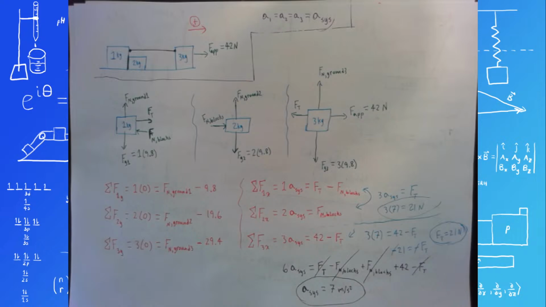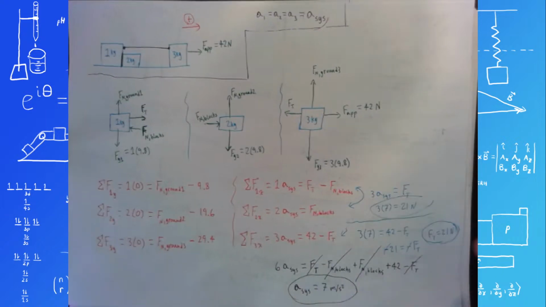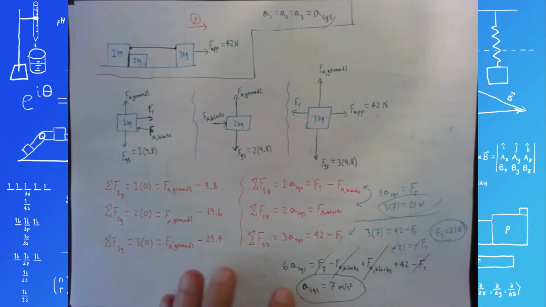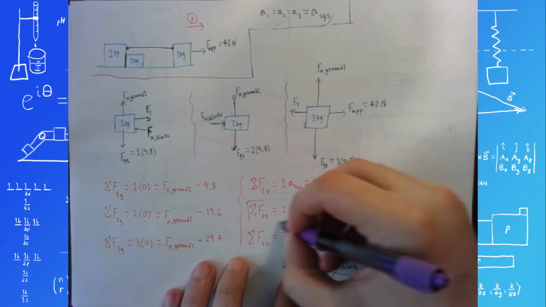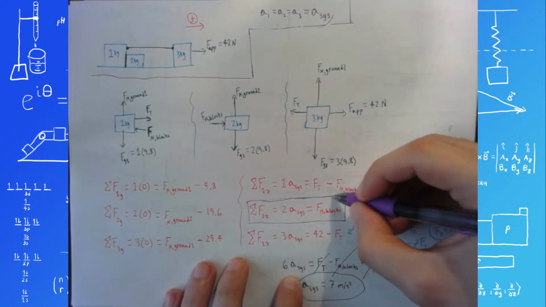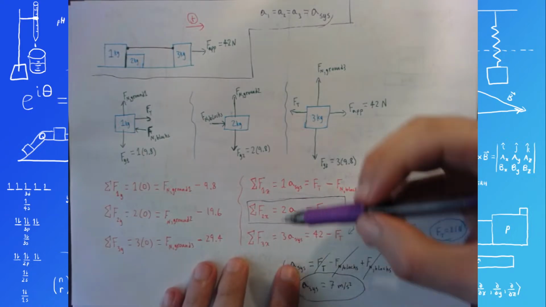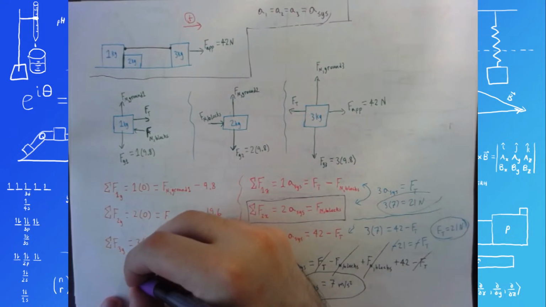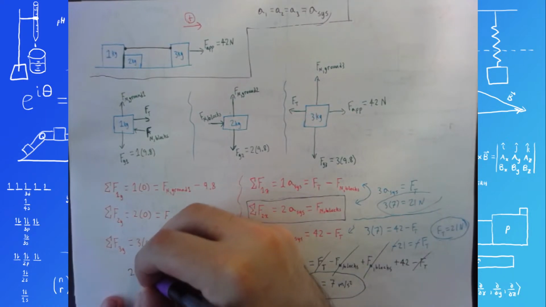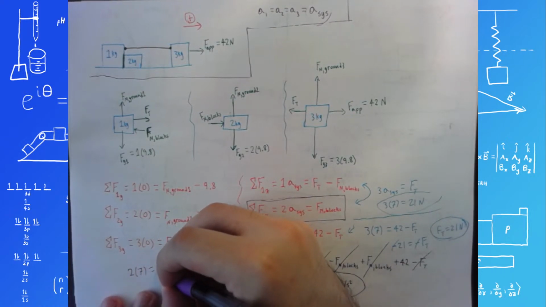Part C says find the force exerted by the 1 kilogram block on the 2 kilogram block, which of course is the same as the force exerted by the 2 kilograms on the 1. It's just this normal force between the blocks, and it looks like our easiest option is to just use the second equation for the horizontal net force. 2 times 7 equals normal force between blocks.